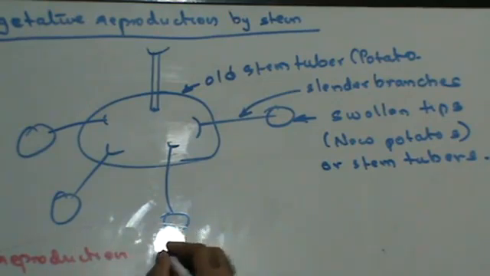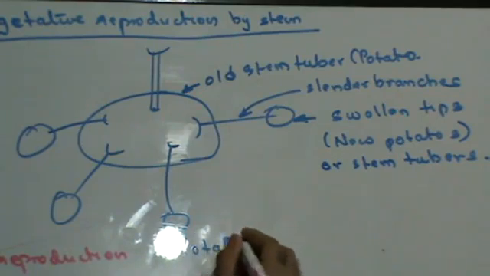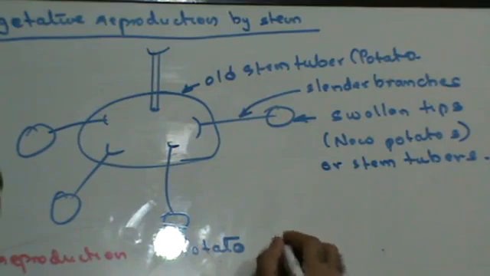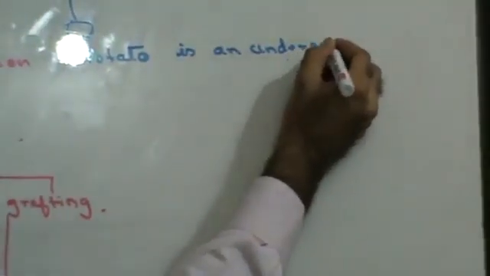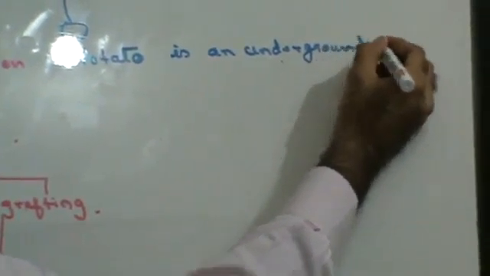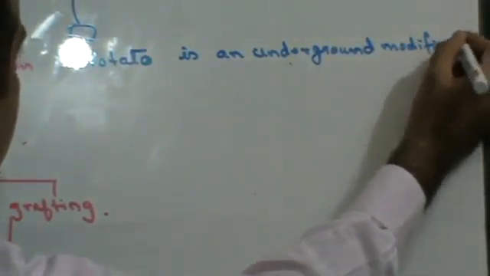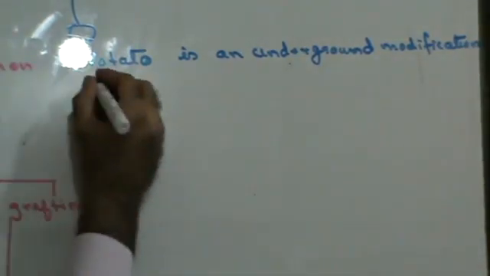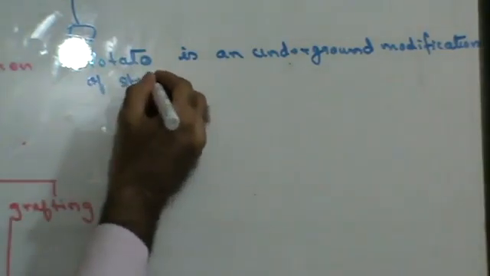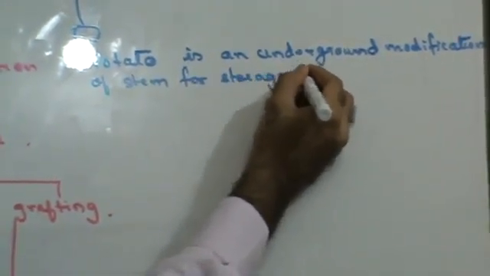Here, what would happen is, potato is an underground modification of stem for storage of food.